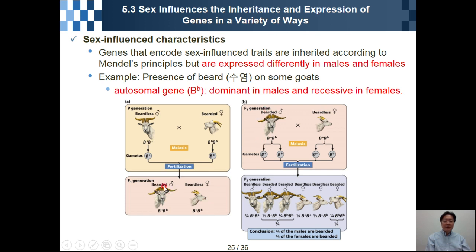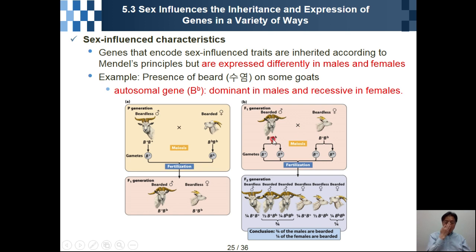They did intercrosses: the male was B+ Bb, and the female is B+ Bb. So they intercrossed.